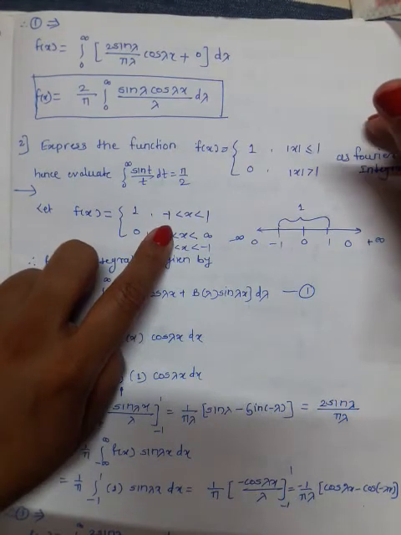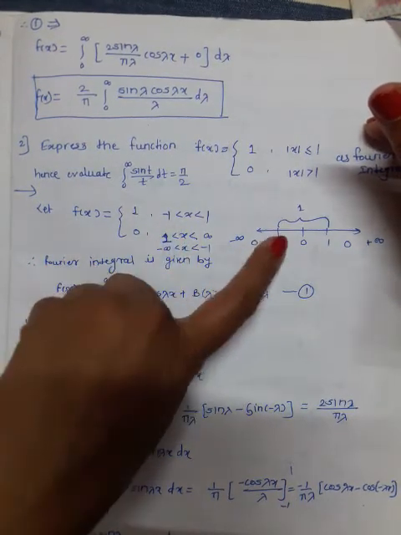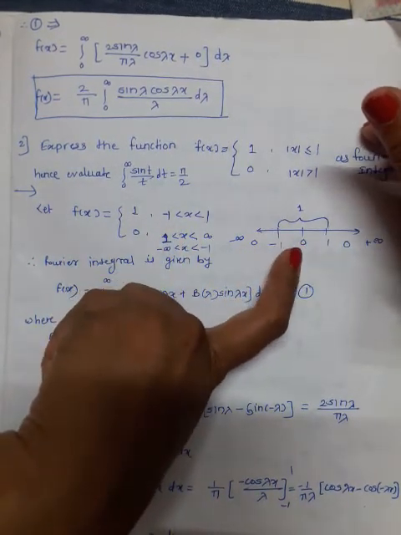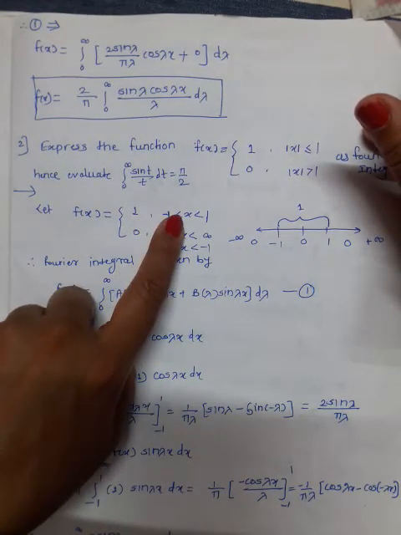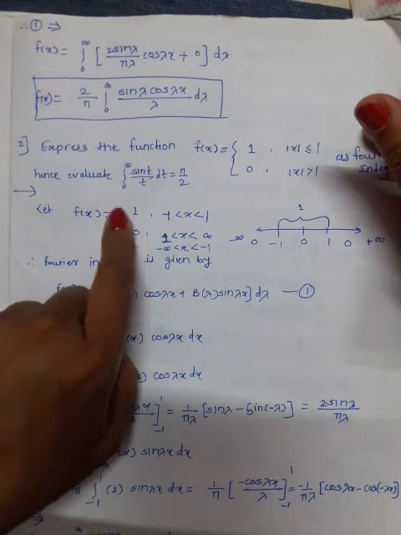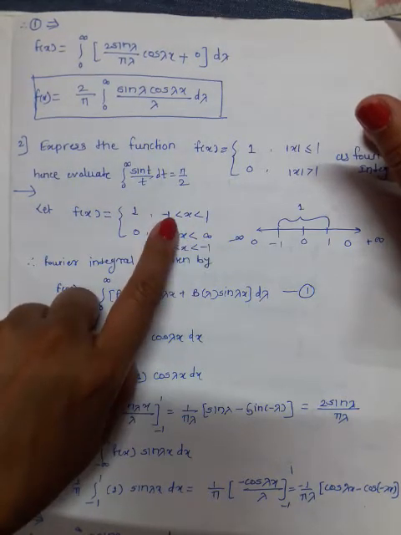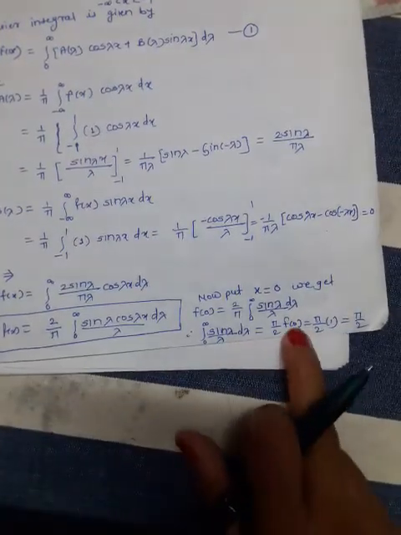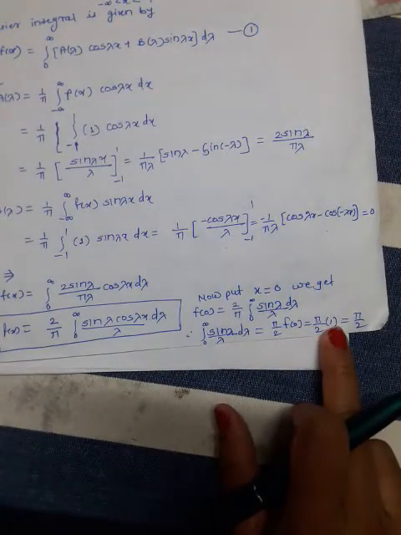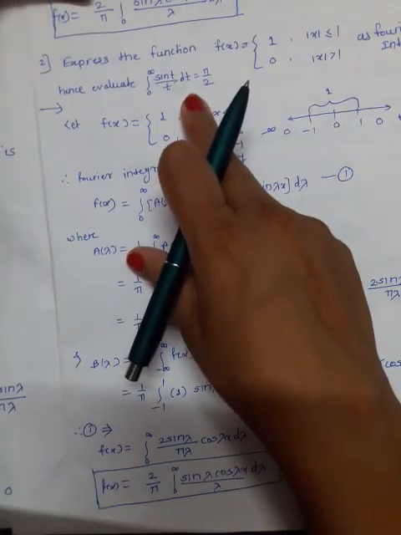Where does 0 lie in this function? In -1 to 1, 0 is there. That's why we put x is equal to 0 in the first value, where only a constant number is there. So for x is equal to 0 the function value is 1. Put that value here, we get pi by 2 into 1. The answer is pi by 2. That is what we wanted to prove.